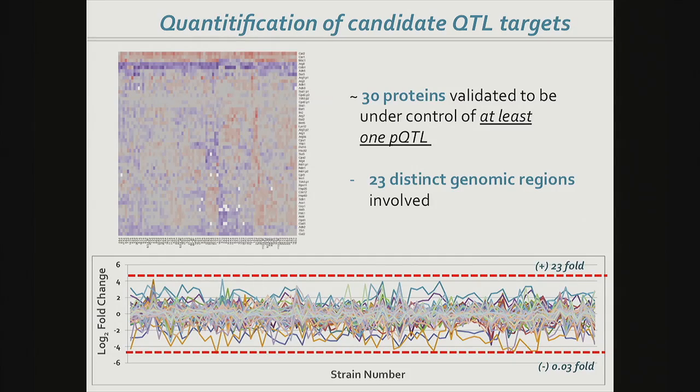Now we can do association studies and try to find the loci that determine the abundance of a particular protein. And out of 50 proteins, we found, and the computational analysis was done by Andreas Bayer and Mathieu Siza.